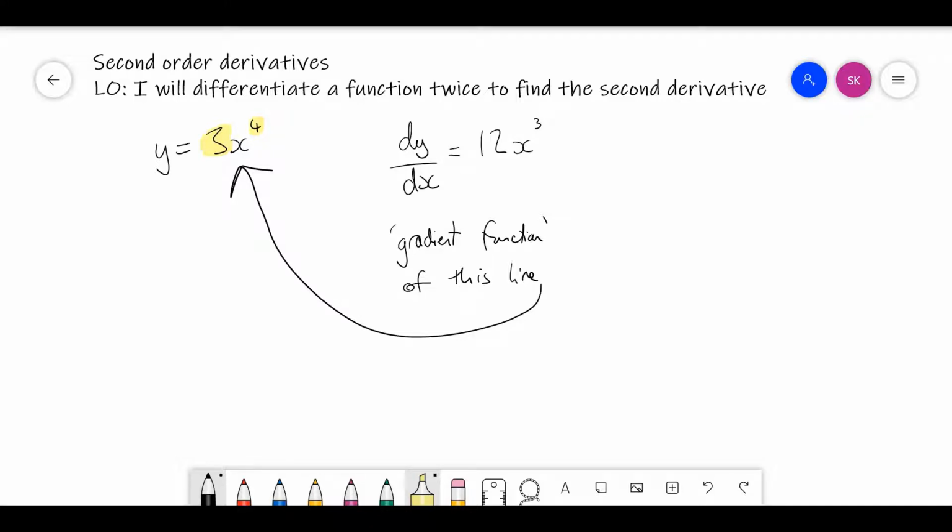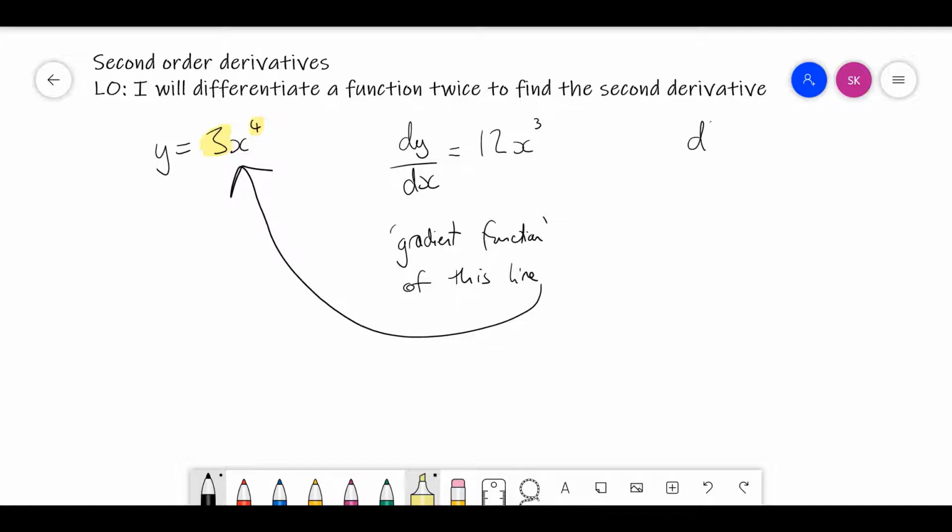What we're looking at today is second order derivatives. Second order derivatives tell you about the gradient function because they are found by differentiating the gradient function. So we're going to take our first order derivative and differentiate it again.